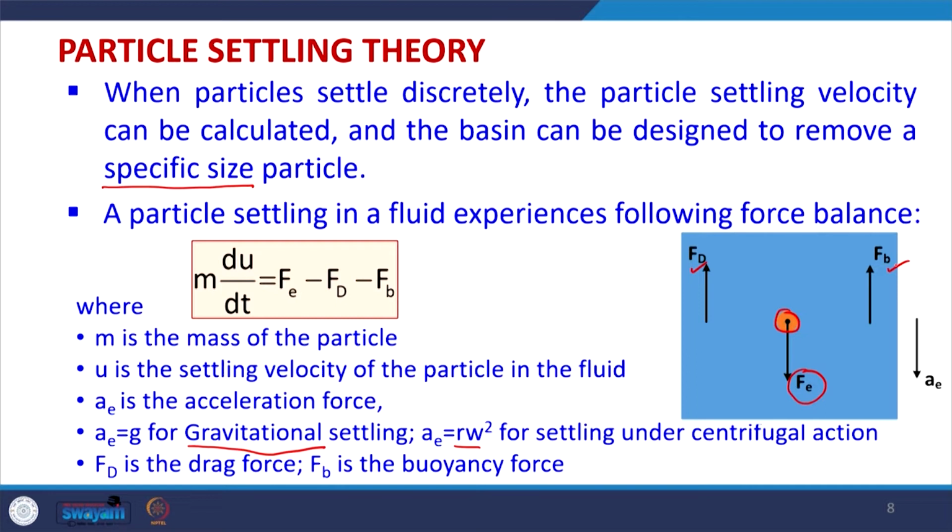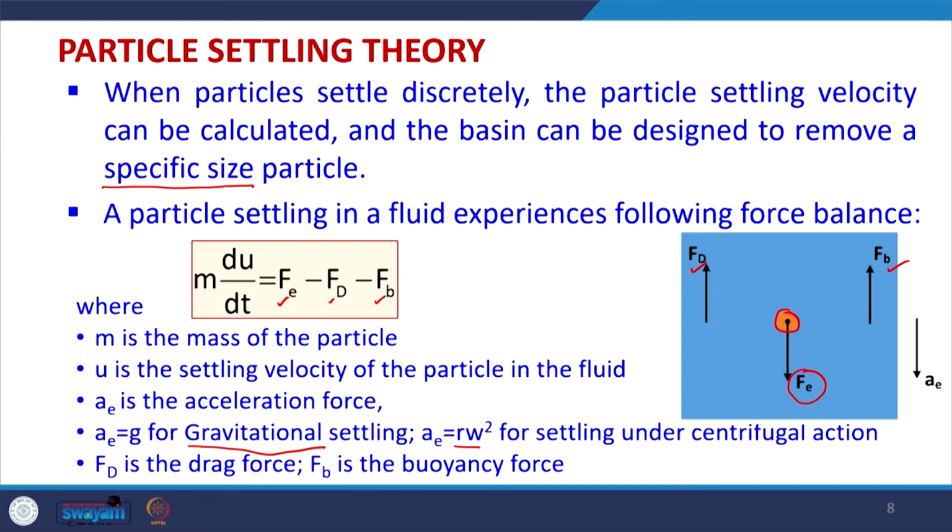These act opposite to the movement, because the particle is settling down. Buoyancy force is always upwards, and drag force is always opposite to the direction of the movement. So, we have 2 forces. Net, we have the external or gravitational force minus the drag force and the buoyancy force.